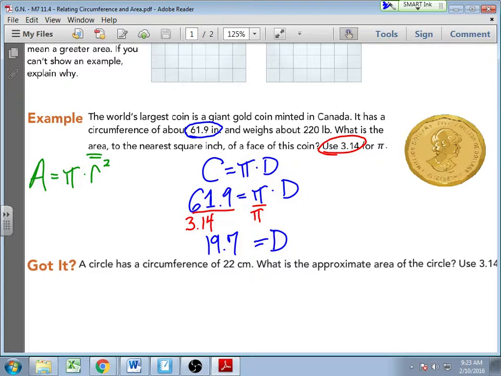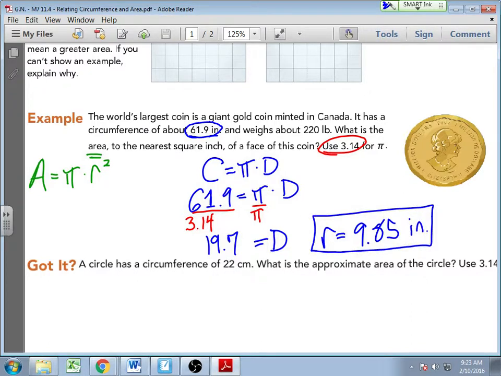But Ethan, that's the diameter. I need the radius. Divided by 2. So then to get the radius, we just chop this in half and we find out that the radius is 9.85. We are working in inches here, so I'm going to label my radius as inches.